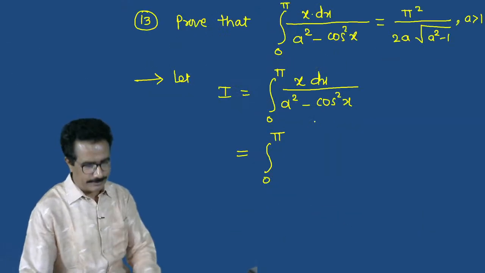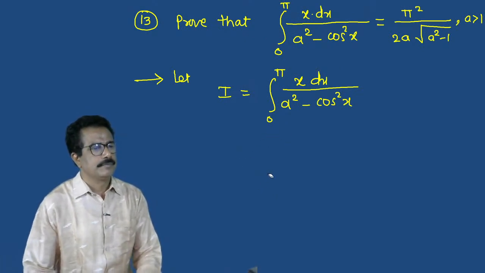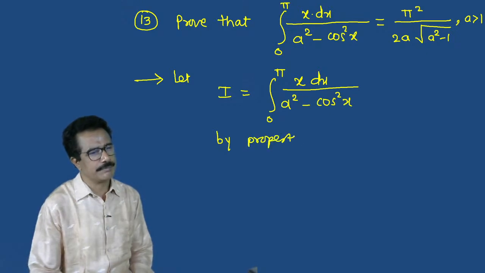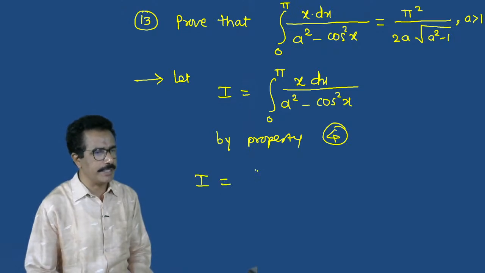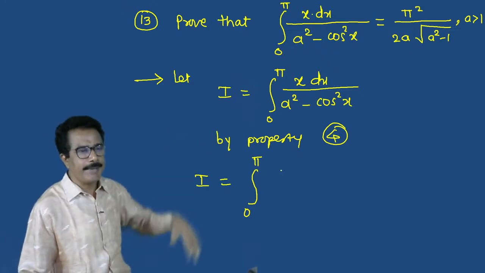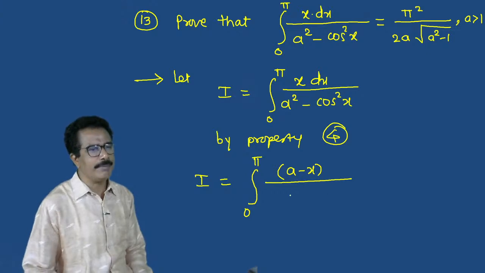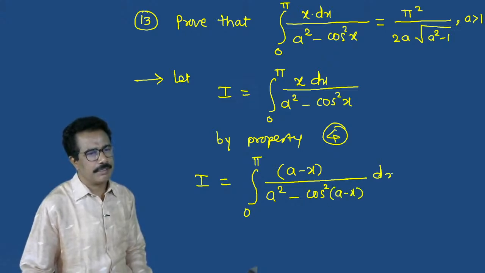So we can write by property number 4, I is equal to integral from 0 to pi of a minus x divided by a square minus cos square of a minus x dx.